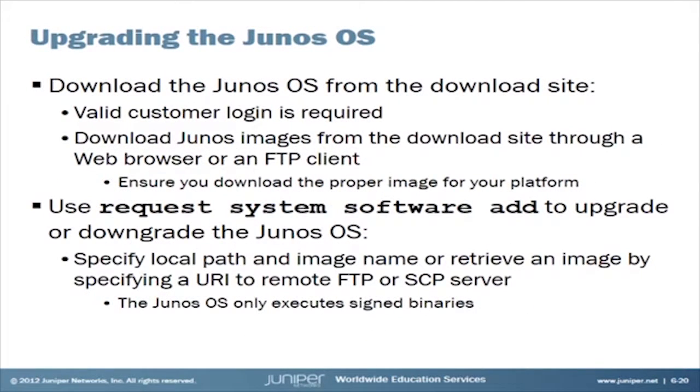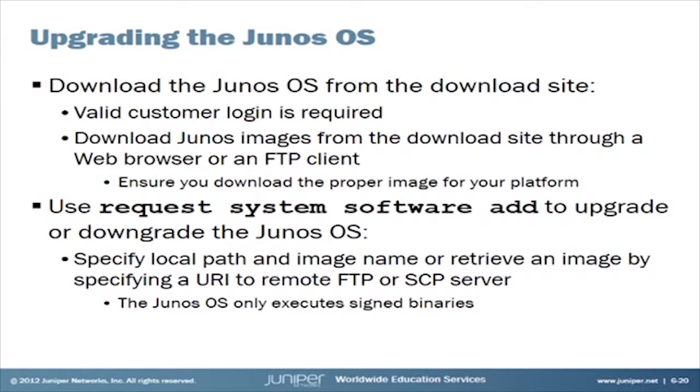Alrighty, so what about upgrading the version of our operating system? New versions come out, you want to install it. How do we do it? Actually, it's relatively simple. The command is request system software add, which will upgrade the operating system.